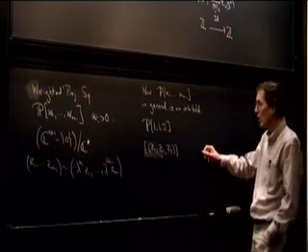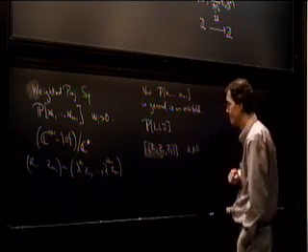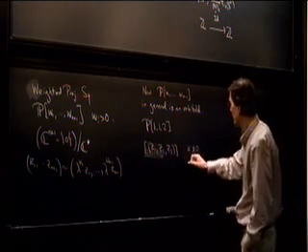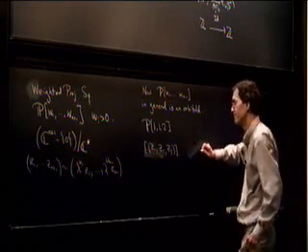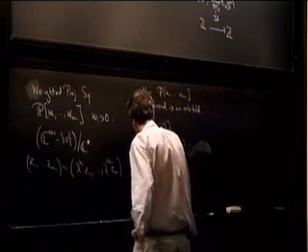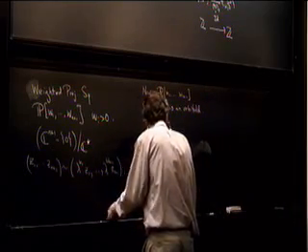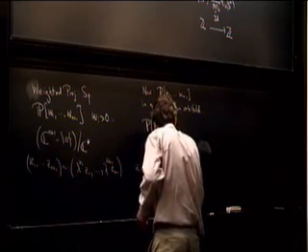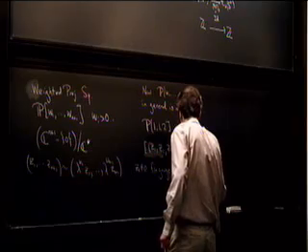If Z1 is not equal to 0, then we can fix the gauge by considering 1, Z2, Z3.